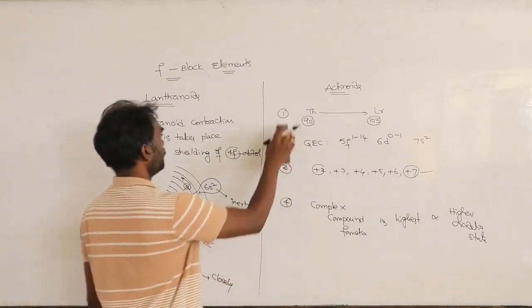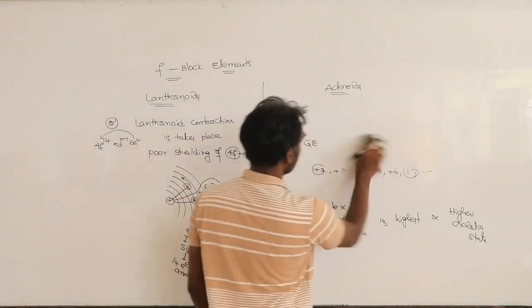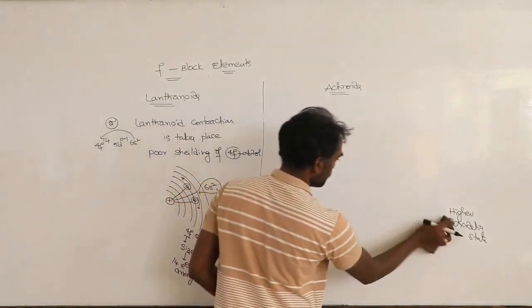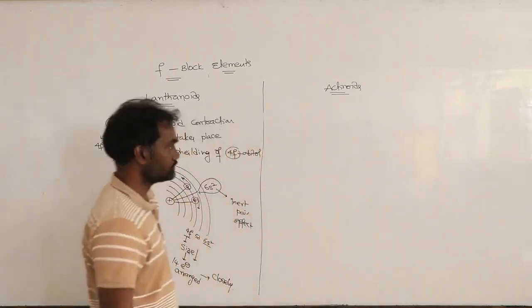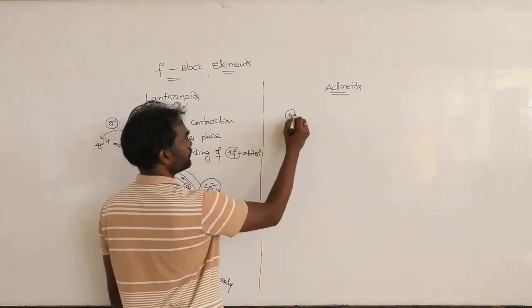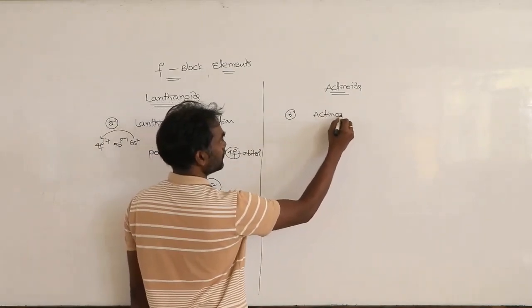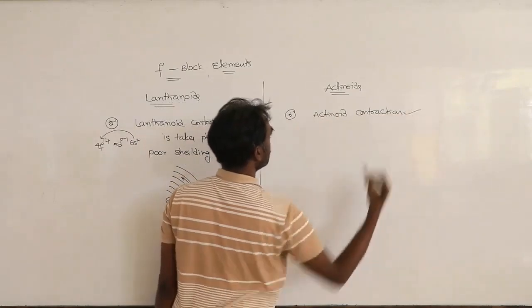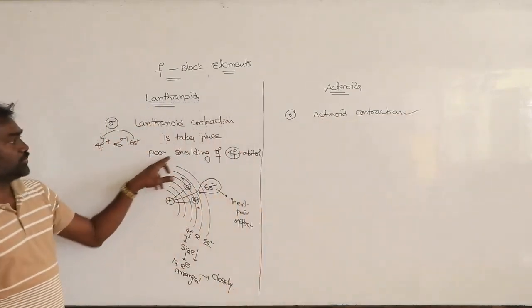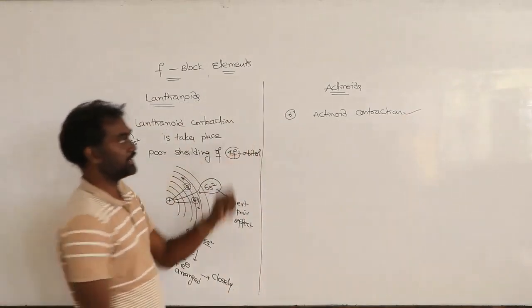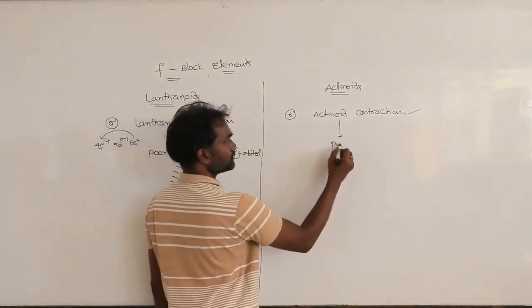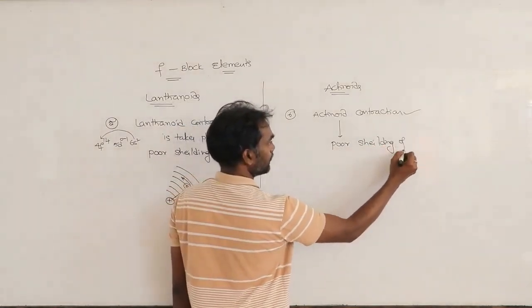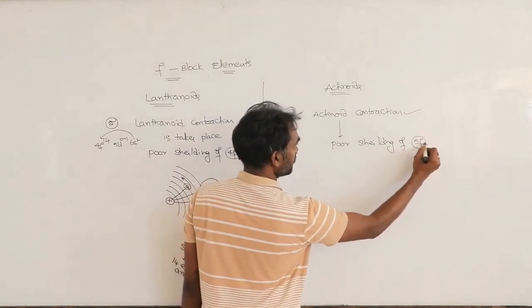Here also we are getting actinide contraction. Actinide contraction is available because of poor shielding of 5f orbitals.